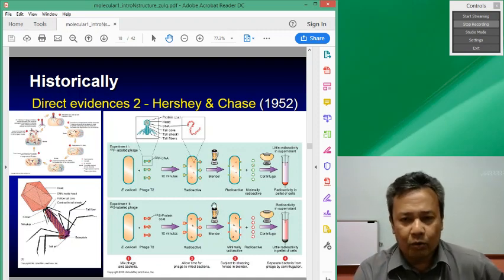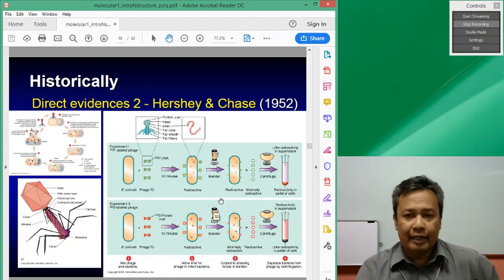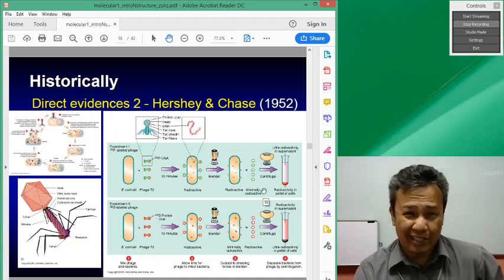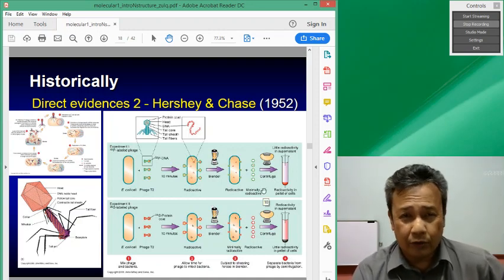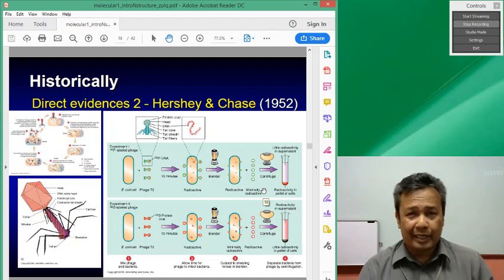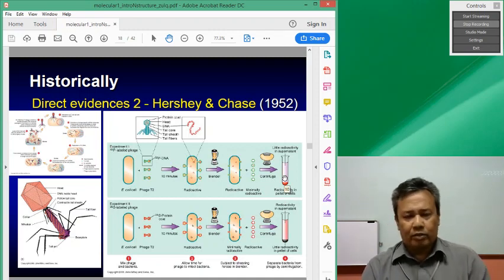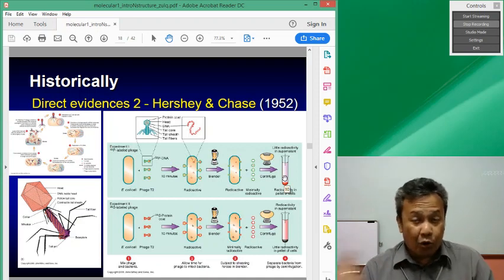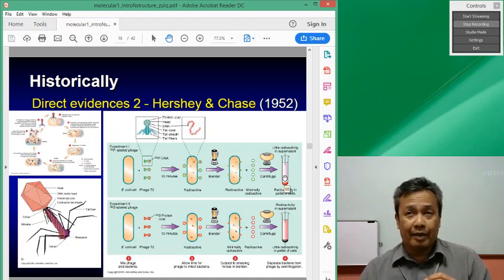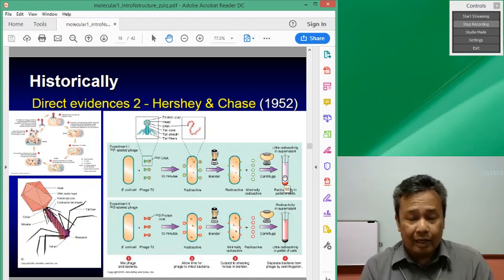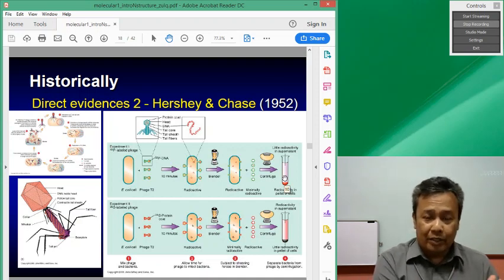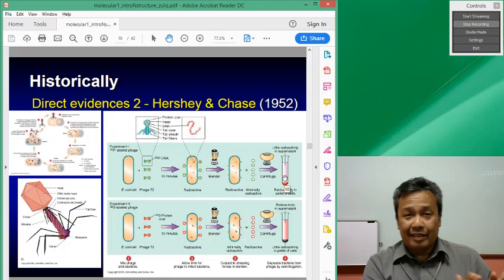Then they do centrifugation. For those of you who are not familiar with centrifugation, it's a mechanism where you spin the tube that contains the bacteria and the viruses, and because of the centrifugal force, the heavy stuff will be pushed towards the end of the tube, and the lighter stuff will be at the top.